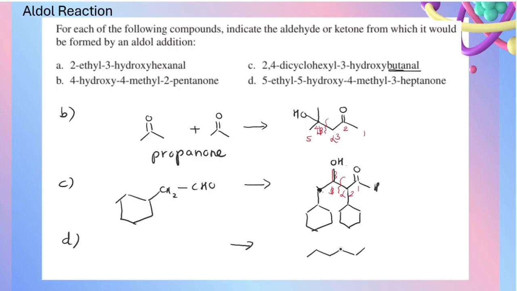So 1, 2, 3, 4, 5, 6, 7. And at third position, 1, 2, 3, there is a ketone, 3-heptanone. And at fourth position, there is a methyl. And at fifth position, there is a hydroxyl and also an ethyl group like this.